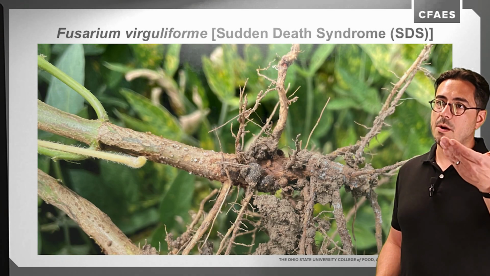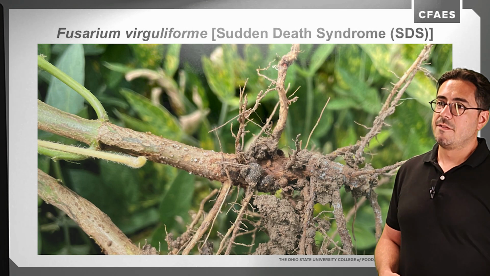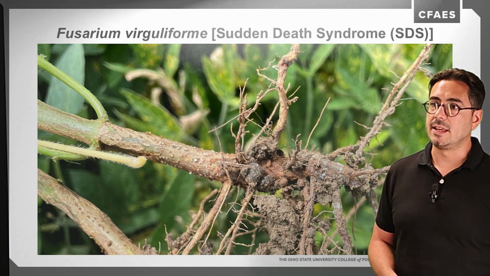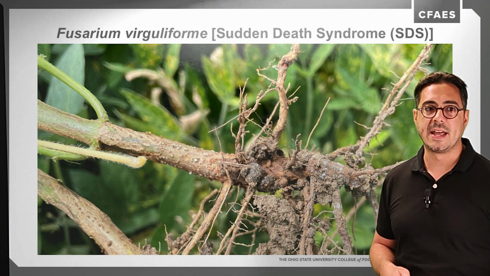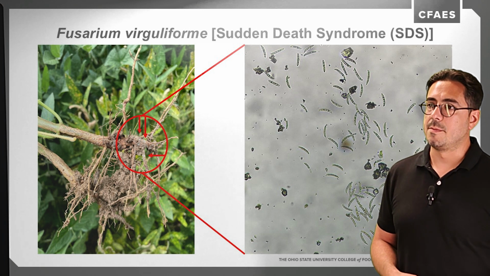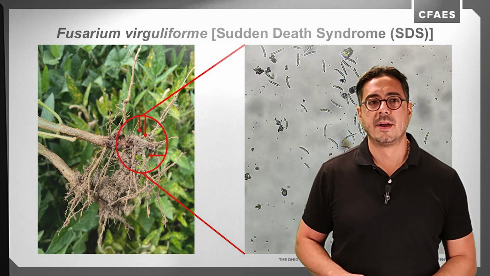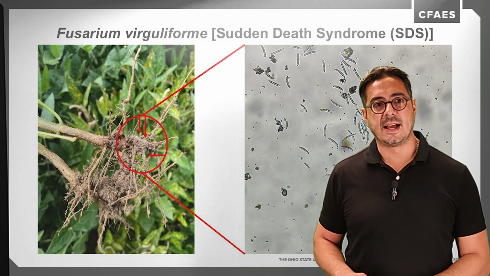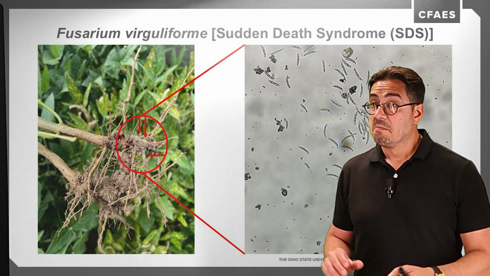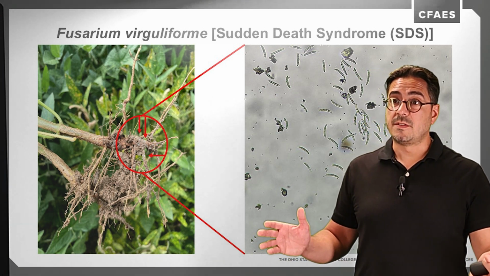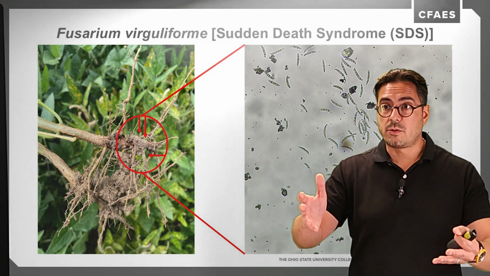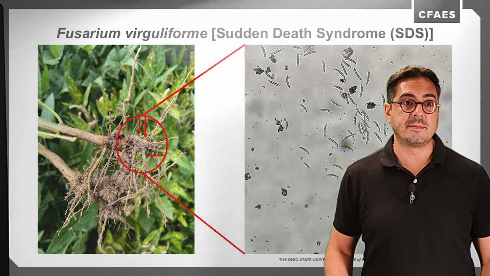And with that, again, going back to sudden death syndrome, very typical symptoms can be finding the actual blue fungus growing on that root, and you take that under the microscope and you can see those crescent moon, canoe-shaped conidia, and that confirms that it's actually SDS. A very common question that I receive is, can we find red crown rot and SDS at the same time in one plant?